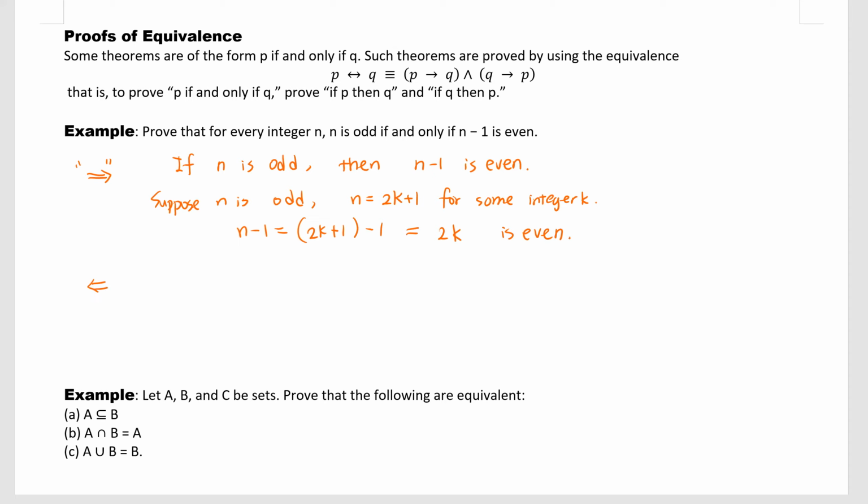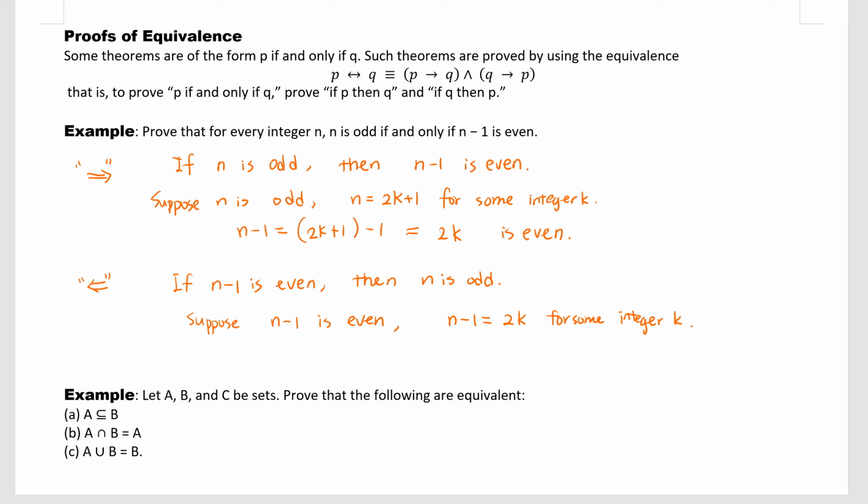On the other side, we want to show that if n minus 1 is even, then n is odd. Okay, so we suppose n minus 1 is even. Then by definition of even numbers, n minus 1 equals 2k for some integer k.